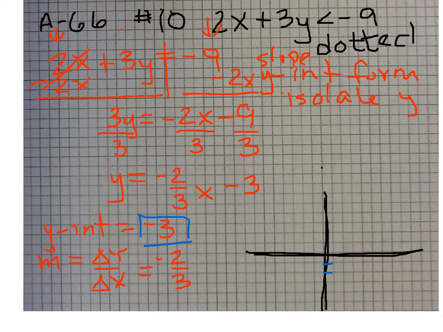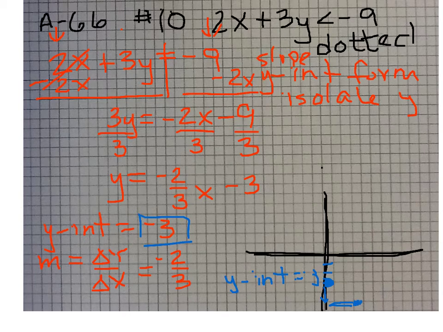So I go 1, 2, 3. There's my y-intercept, and it's equal to negative 3. And then my slope is a negative 2/3. So I'm going to go down 2 and over 1, 2, 3. I have that point right there.